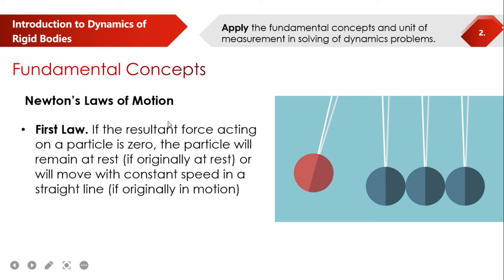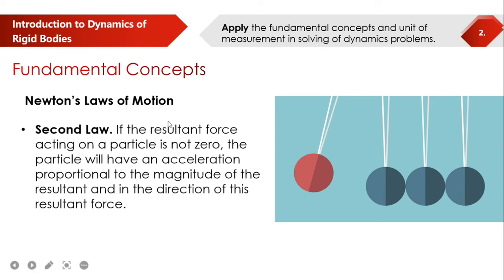The second law is concerned with a resultant force acting on a particle that is not zero. The particle will have an acceleration proportional to the magnitude of the resultant force applied to that particle and in the direction of this resultant force.